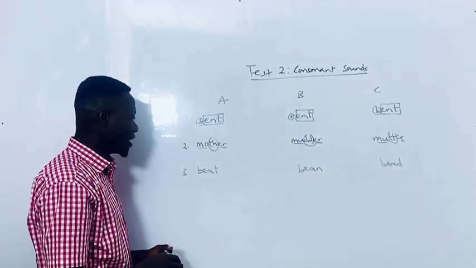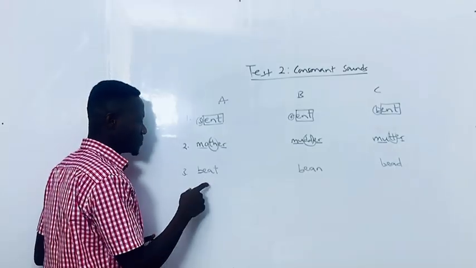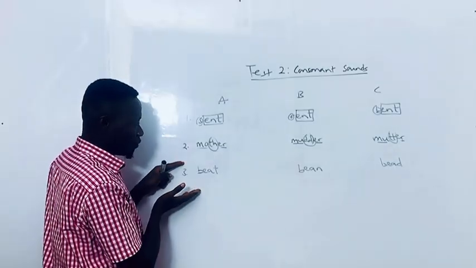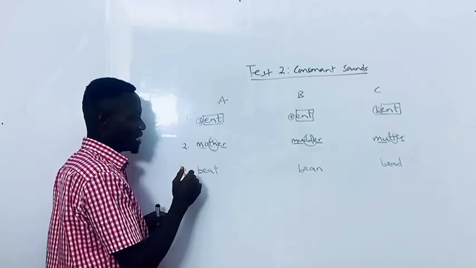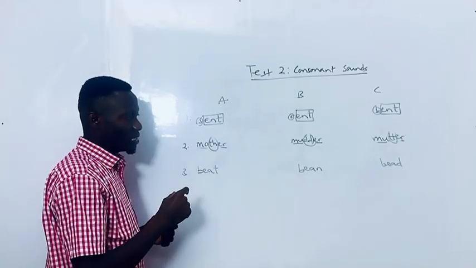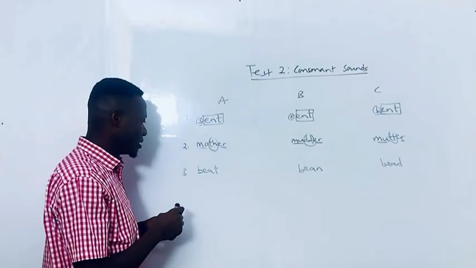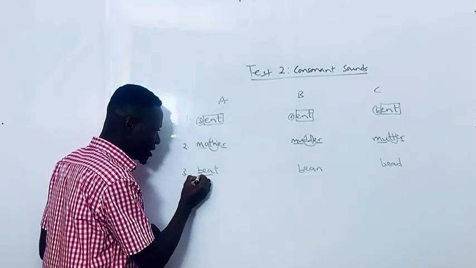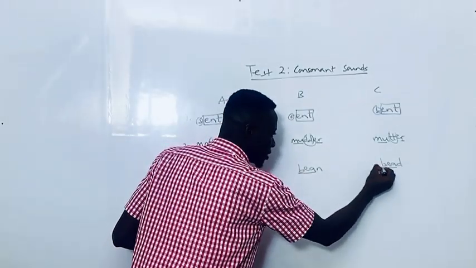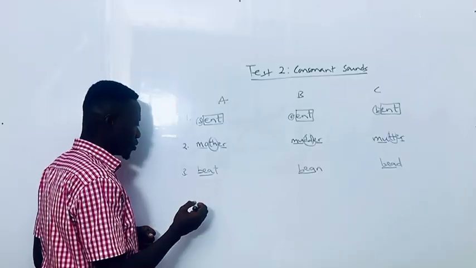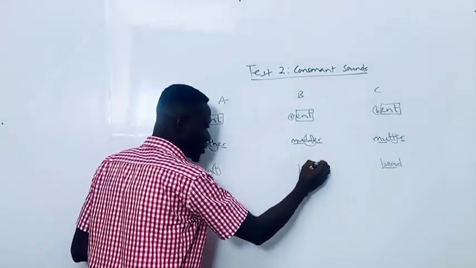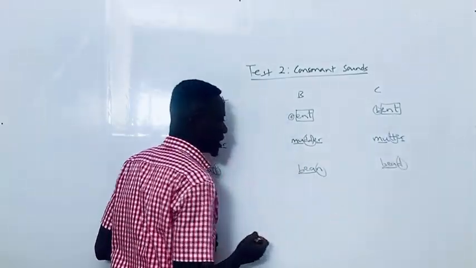Now the final set of words, or options, has the last sound as the difference maker. All right. So each word or each option has B. So we will look at the final consonant to get the difference.